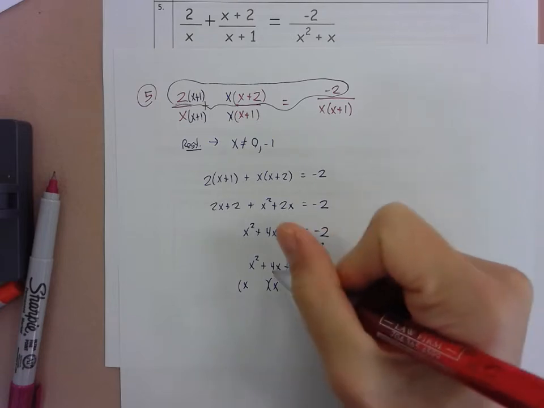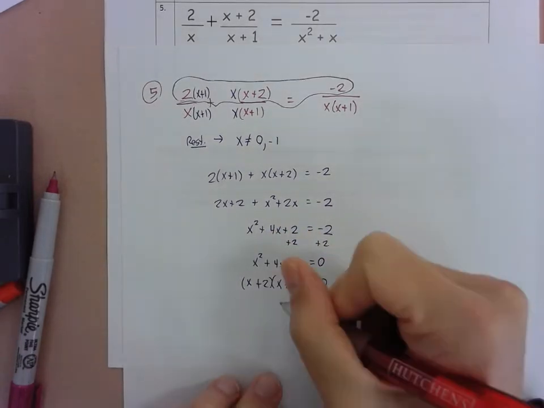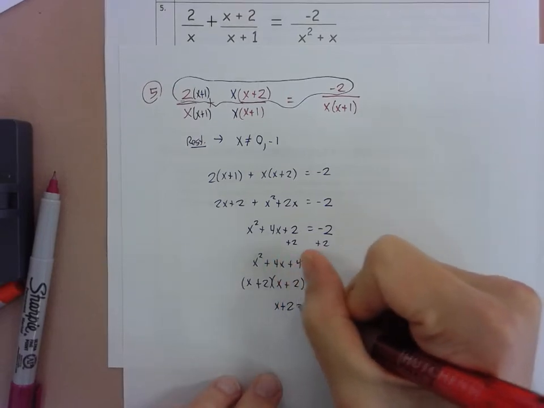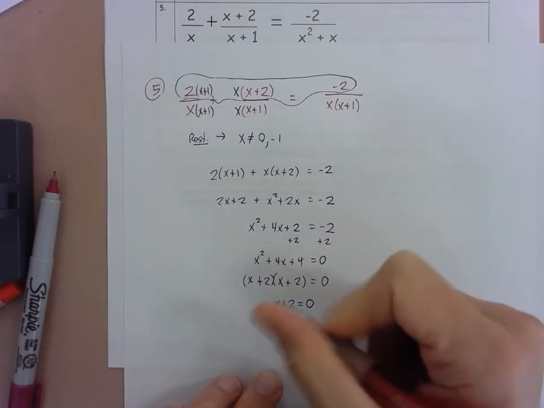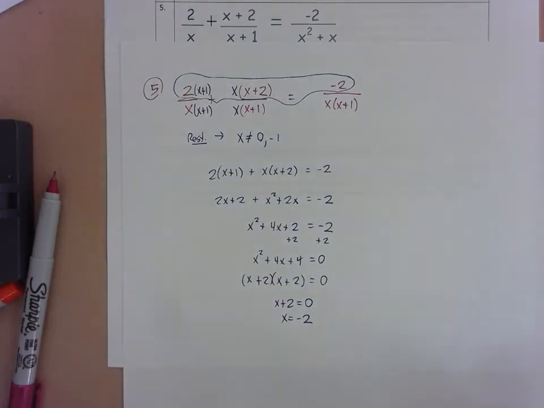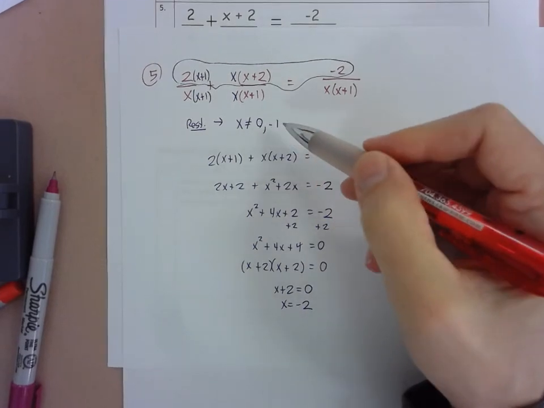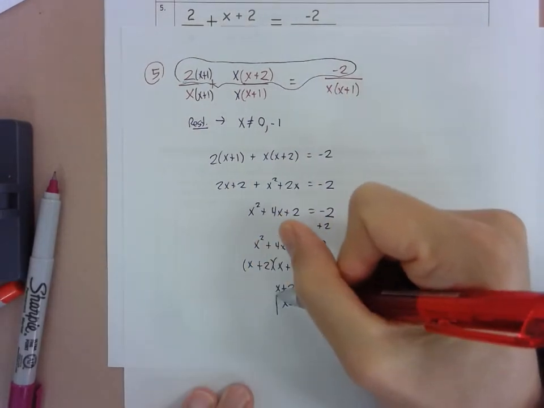All right, that's going to be x plus 2, which is x plus 2 squared. So we just need to write it once, solve that out, and x is going to equal negative 2. That's kind of nice, so just one answer. If you look up here, we have restrictions of 0 and negative 1, which does not match it.